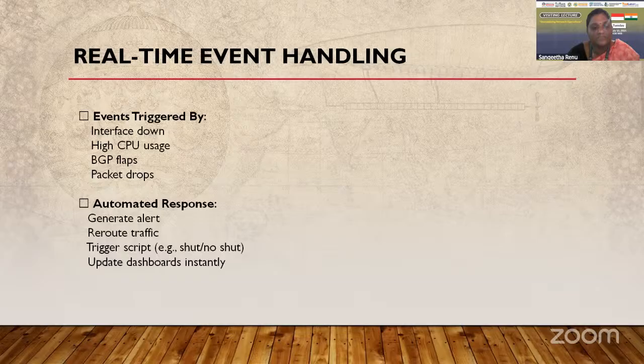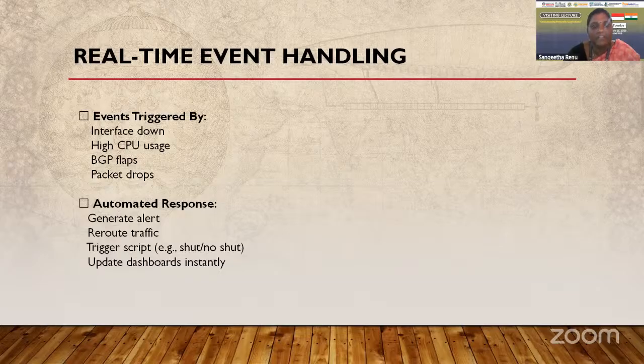Automated responses: generate alerts, reroute traffic, trigger scripts, update dashboards instantly. It lets streaming network automation systems respond to critical events immediately as they occur, without waiting for manual input or periodic polling. It showcases the core power of real-time telemetry: not just observing but reacting in milliseconds.